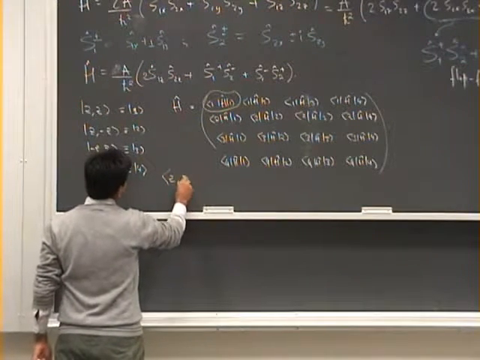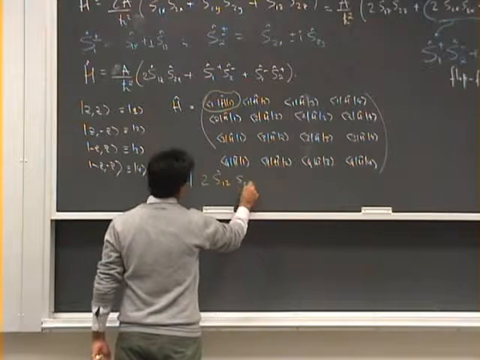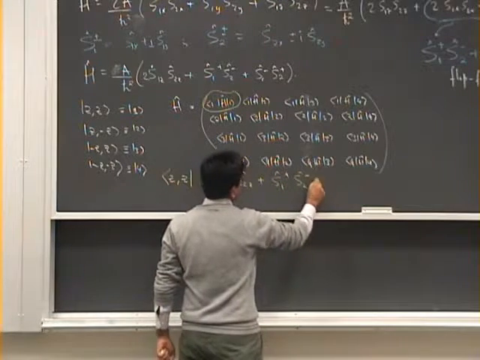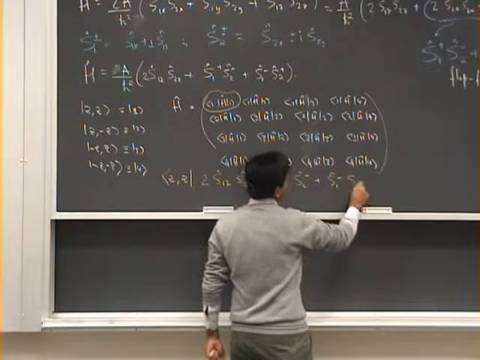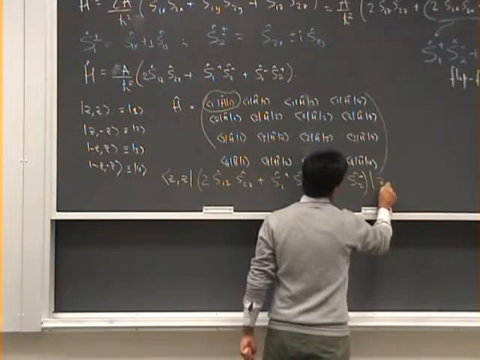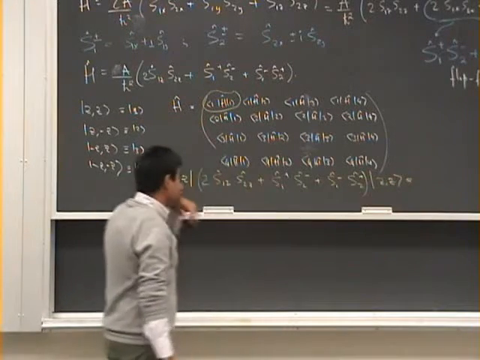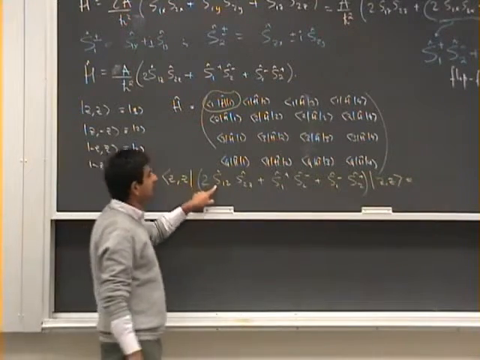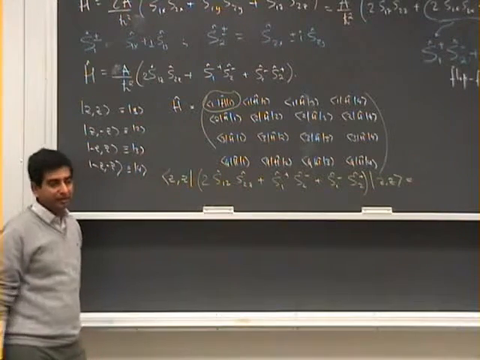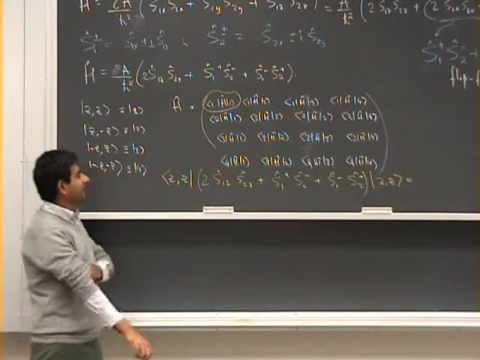I have to find ket 1 with 2 times S1z S2z plus S1 plus S2 minus plus S1 minus S2 plus, all of this acting on ket 1. Now when S1z acts on ket z, it gives me h bar by 2 ket z.